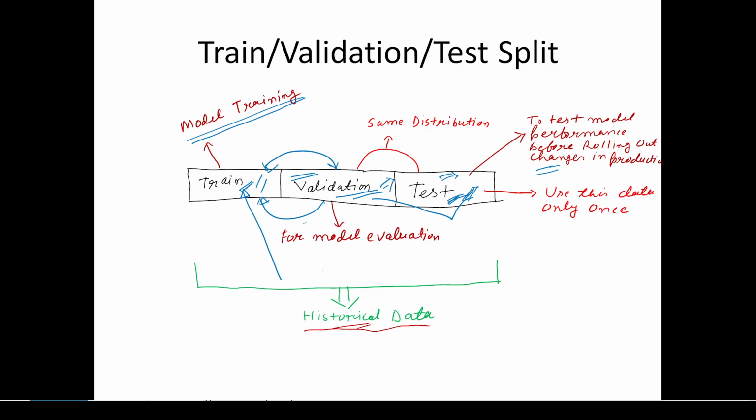So in that case we need to stop implementing those changes to production, and we need to go back to the training and evaluation cycle again. And in the second iteration, don't use the same test data which we had used initially for judging our model performance. So that's the key. Don't look at test data multiple times. Otherwise, it will fail the purpose of validation and test split.